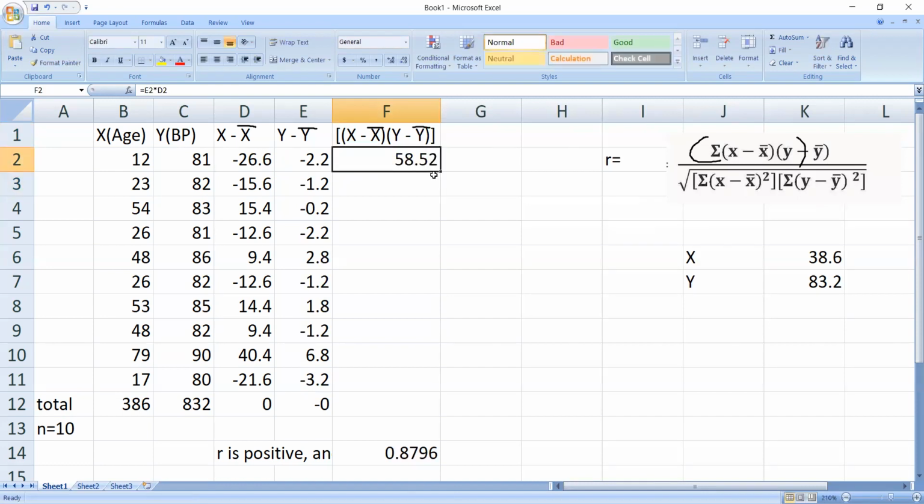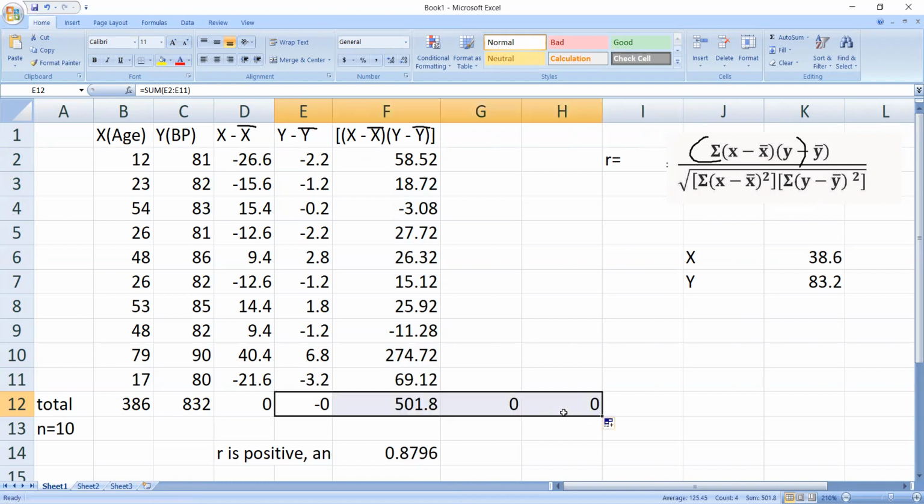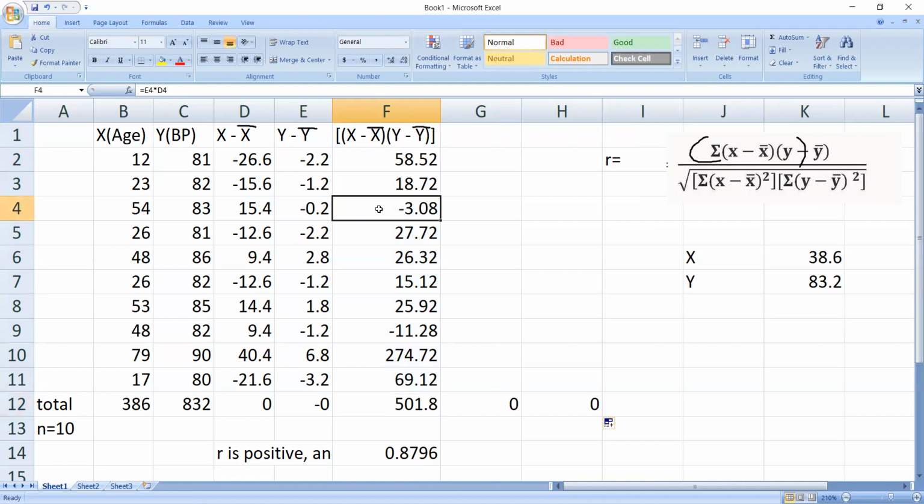So by this time you might already come across the difficulty in the calculations as well as the time consumption. The previous method was very simple. You just have to do x into y, x square, y square. Here you have to do subtraction from x bar and from y bar, and their products, and be careful whenever you have two negative signs, the product comes out to be positive.